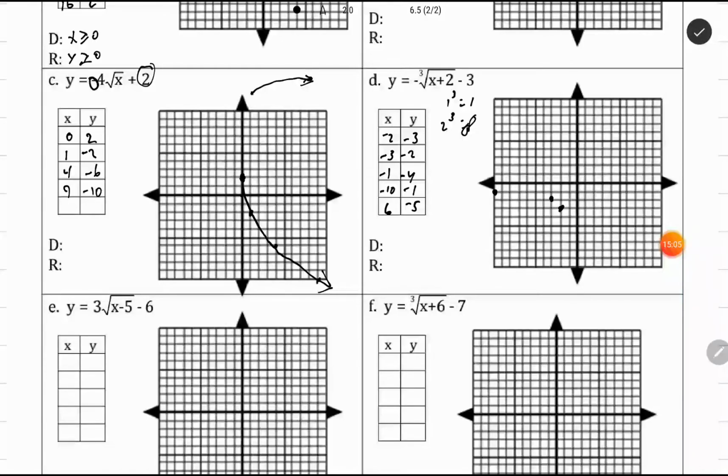And then we have negative 1, negative 4, and then 6, negative 5. Yep. So you got that going on.